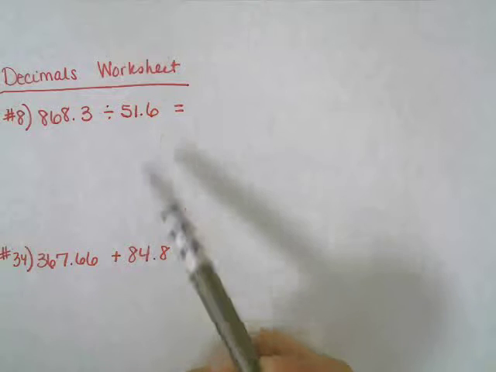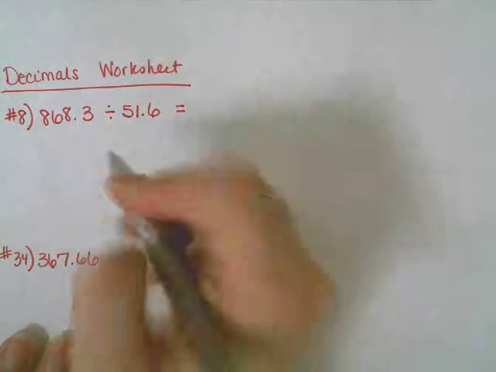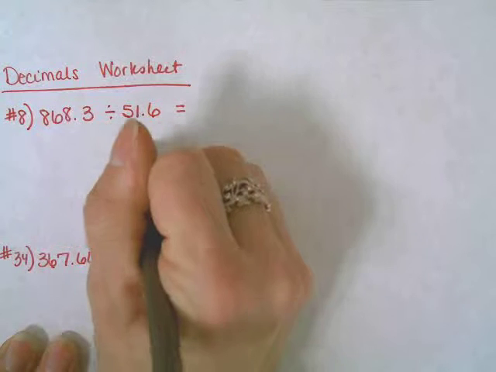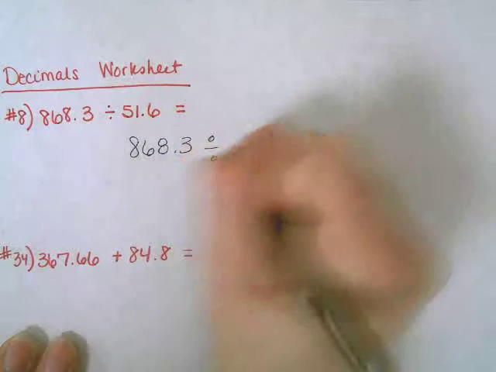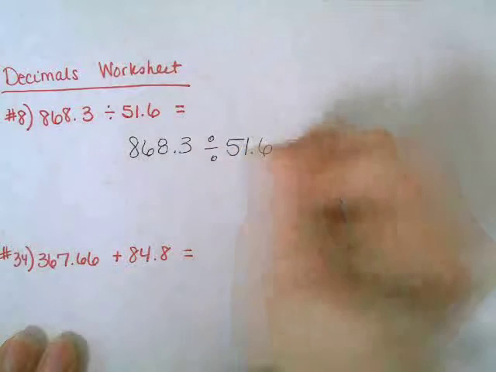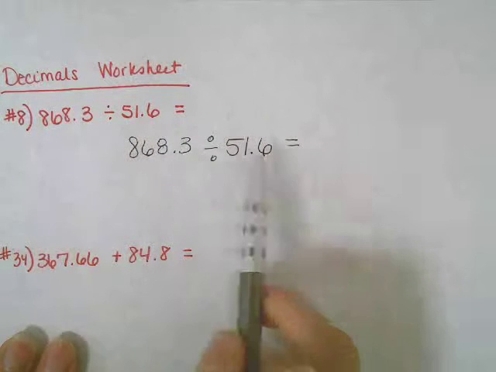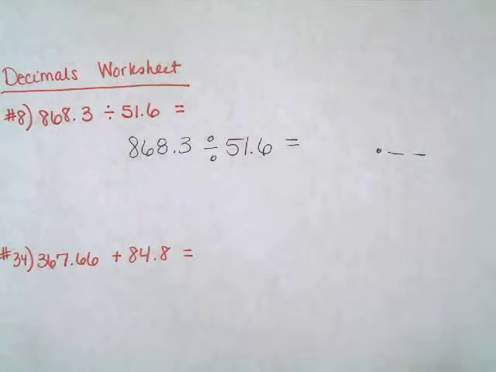What I want to see for your work is what you did. So in my world, what I did is put 868.3, I hit the divide sign, 5.16. I know that I'm looking for how many decimal places? 1, 2. So I'm going to make my answer 2 decimal places.